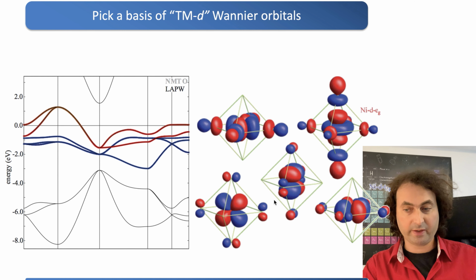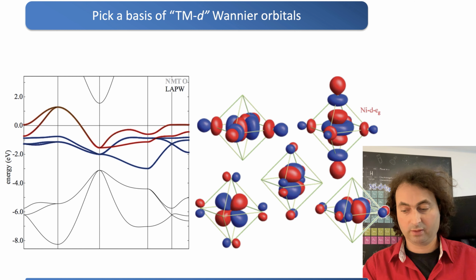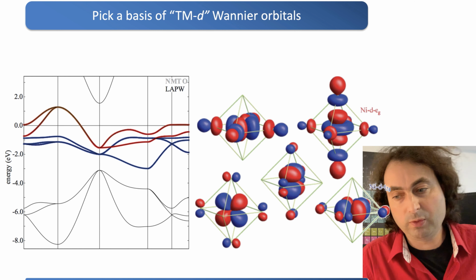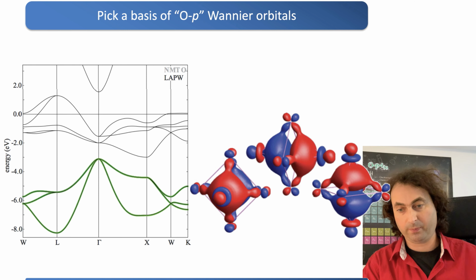And you now also see that you have a node in between the character of the wave function on the oxygen and on the d side, and that is because you're in the antibonding states. So this would be the basis set that enters in a crystal field calculation.